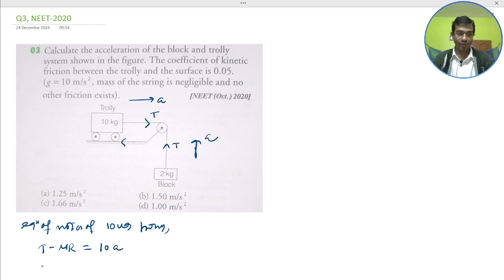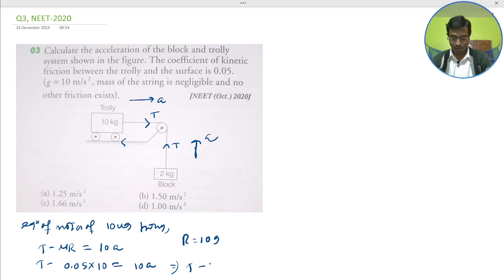So just put this value, T minus 0.05 R, and R means 10g, is equal to 10a. Here given R is equal to 10g. So for this equation you get T minus 5 equal to 10a. This is equation number 1.